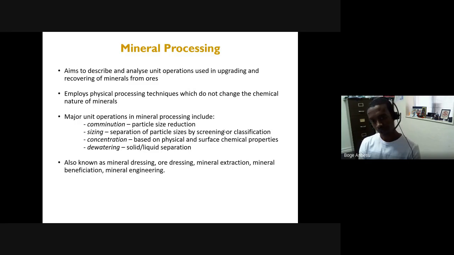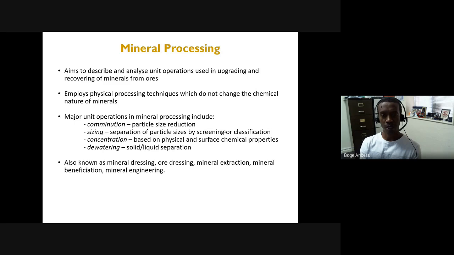It's not the complete process, but only half of the process, let's say, because typically mineral processing is concerned with upgrading or beneficiation. It's not necessarily about extracting the value. When I say the value, for example, we're not really at the stage of extracting gold or copper or iron. We're only upgrading the ore. That's the whole purpose of mineral processing.